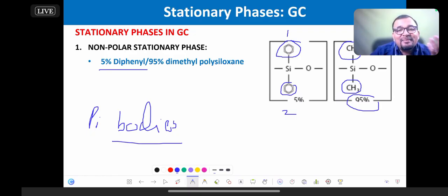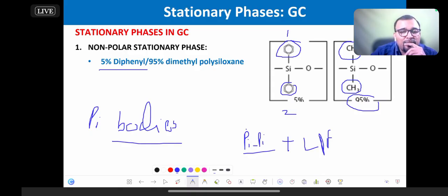Sandeep, you are right. Keshav, you are right. So it is going to be pi-pi interaction, yes or no? Type in pi-pi. So how many interactions will be in place in case of this column? Pi-pi plus London dispersion force, yes or no?